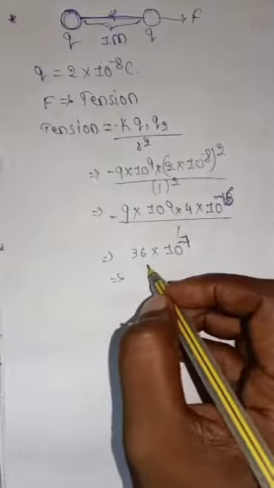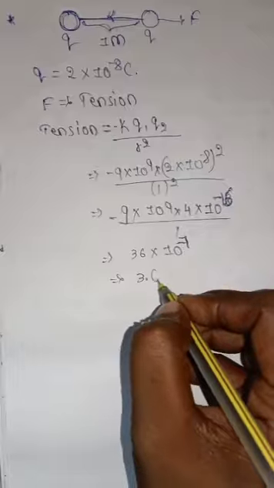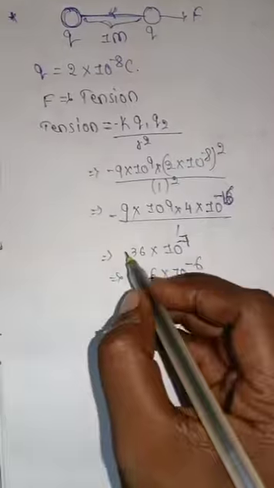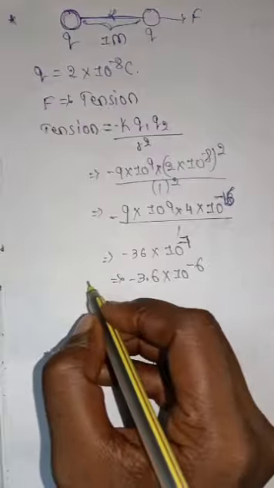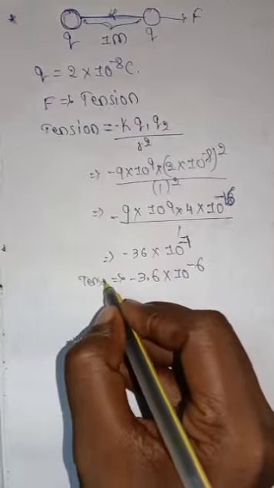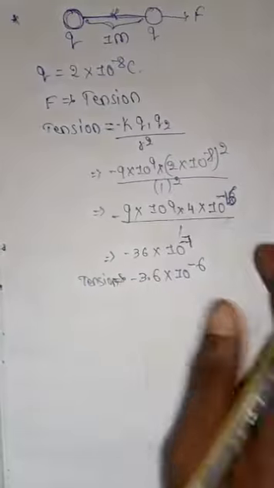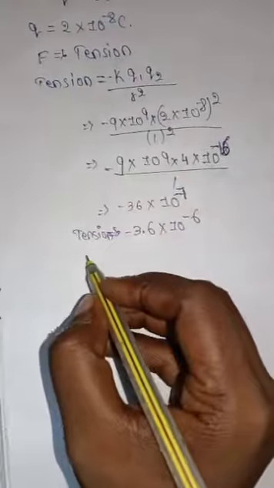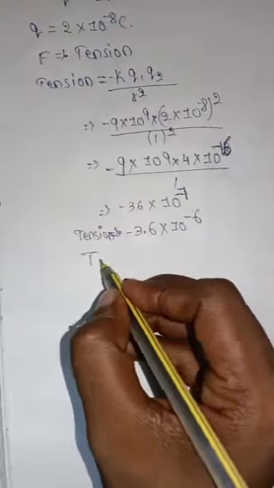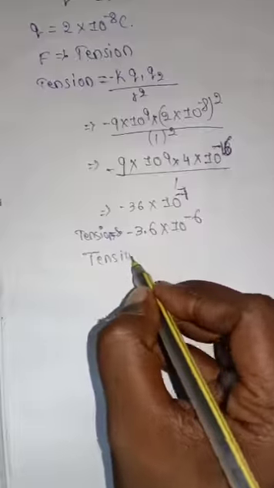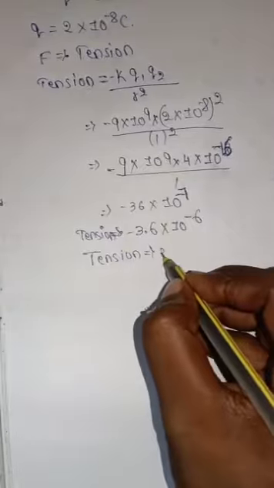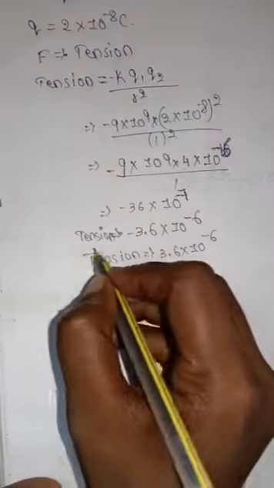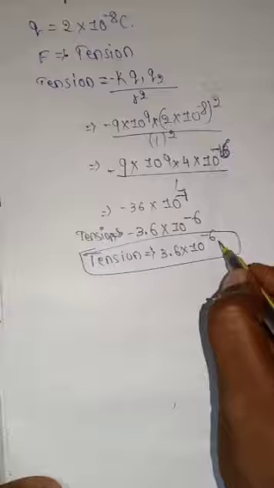If we shift the decimal to the left, it will become 3.6 × 10^-6. This is the tension. The force will always be a scalar magnitude, so the tension will be 3.6 × 10^-6 Newton.